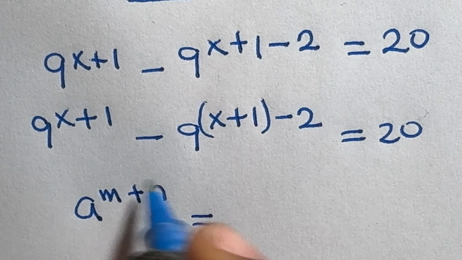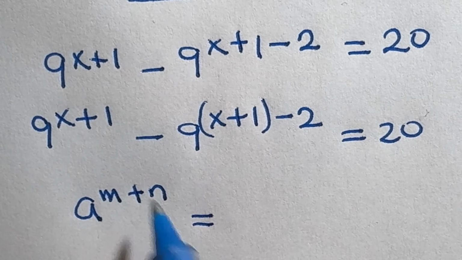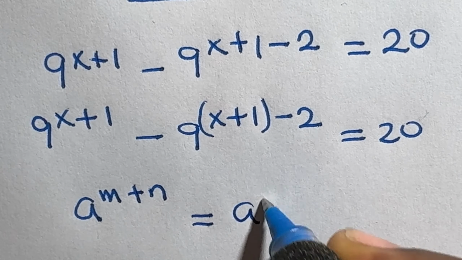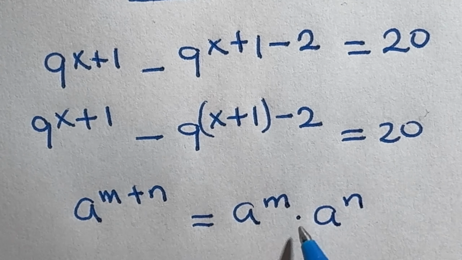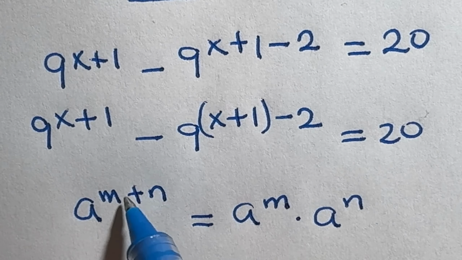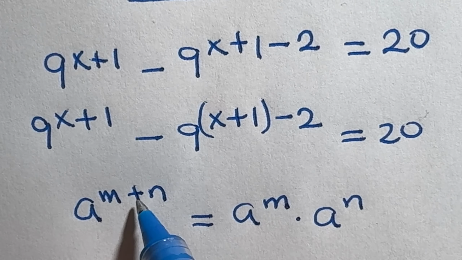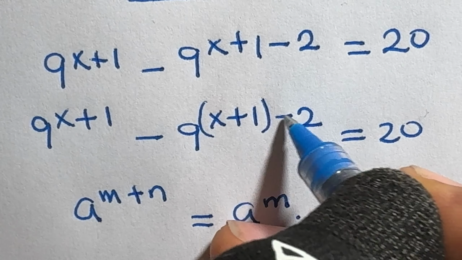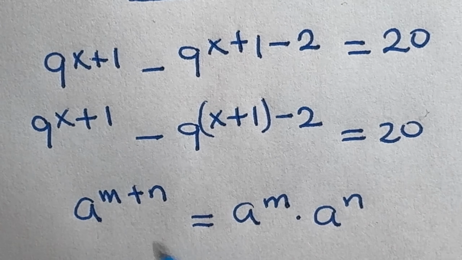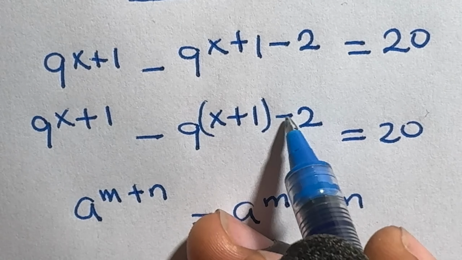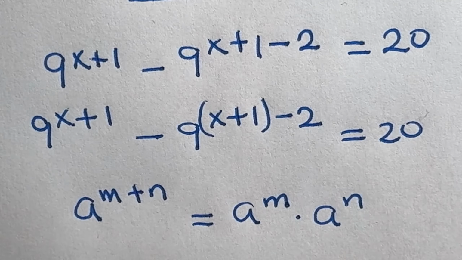These powers can be split into a raised to power m times a raised to power n. If it is multiplication, this has to be addition. But because this power is negative, it means this n is negative. So it is already in this form, and our n is minus 2.